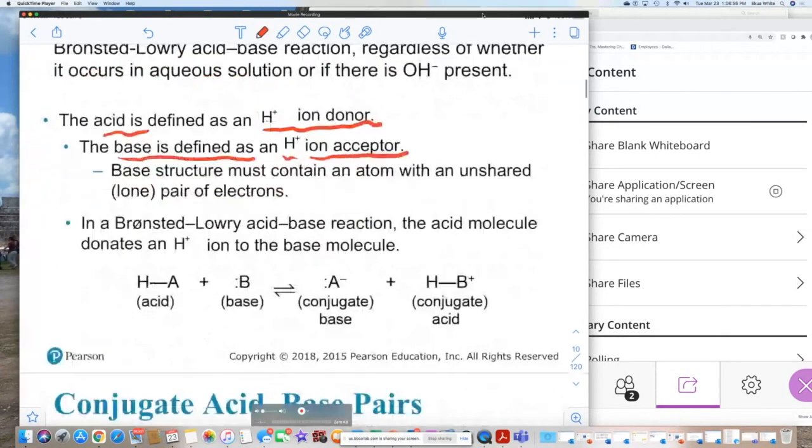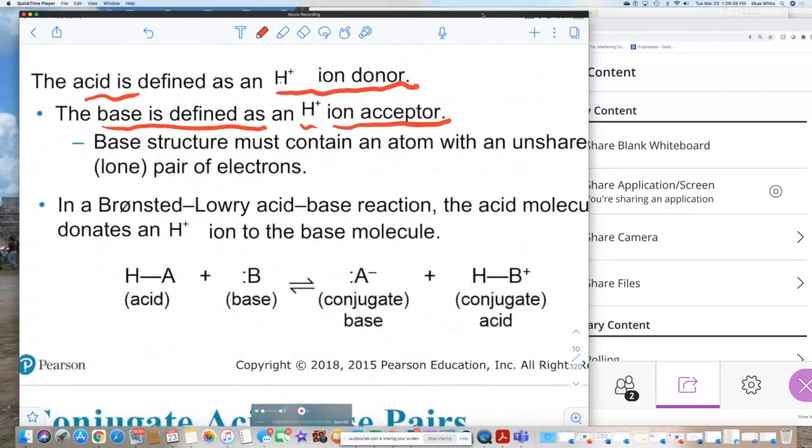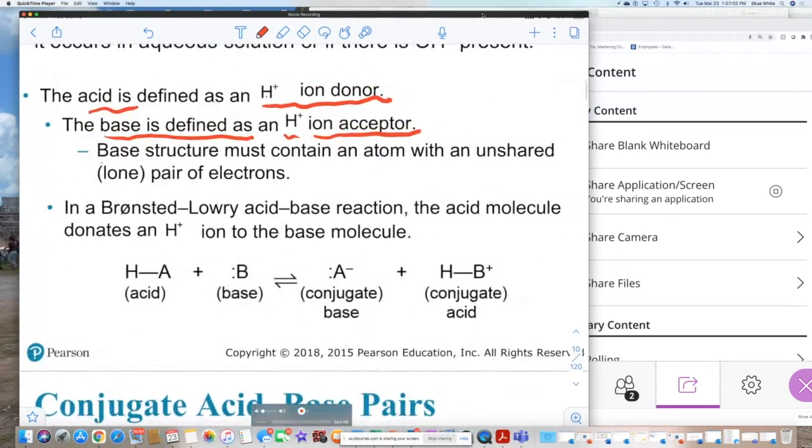So I'm going to move over here. They also show you how you can tell something is a base, right? We're told here a base structure must contain an atom with an unshared electron. In other words, lone pairs.